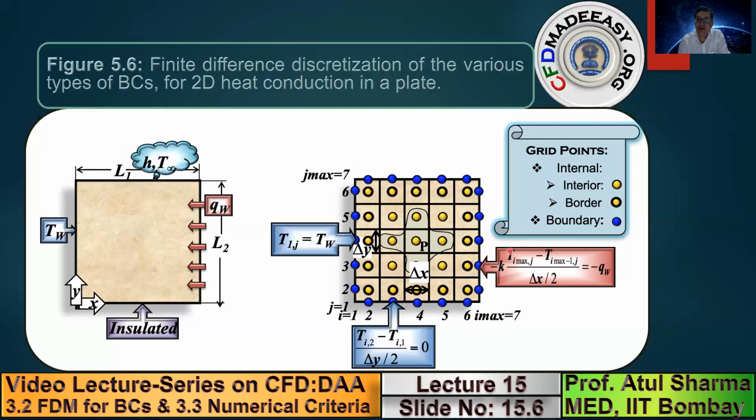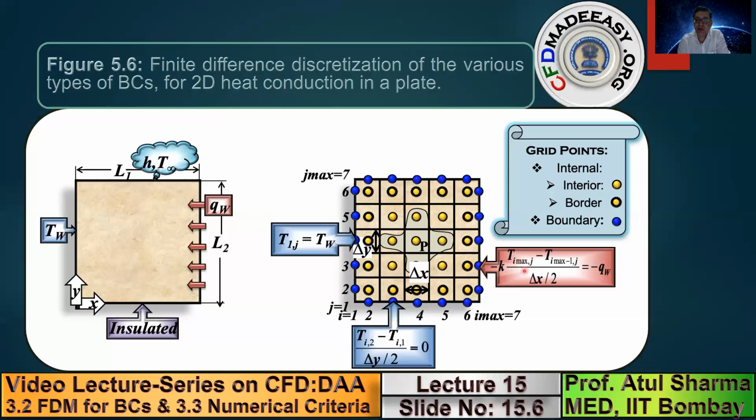So using the first order backward differential, we obtain minus k dT/dx by first order backward differential is equal to, here I have written Qw as minus because the heat flux is in the negative x direction. Note that while substituting the value of Qw which is given, I will substitute a positive value, only the magnitude here. I am considering the direction since it is in the negative x direction.